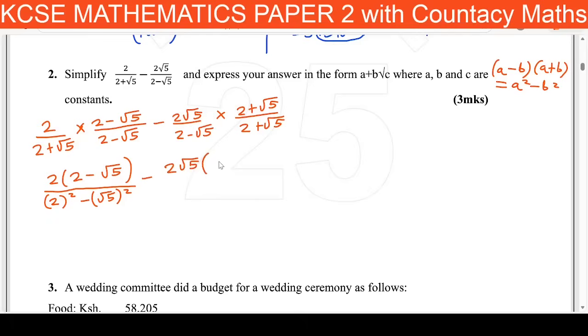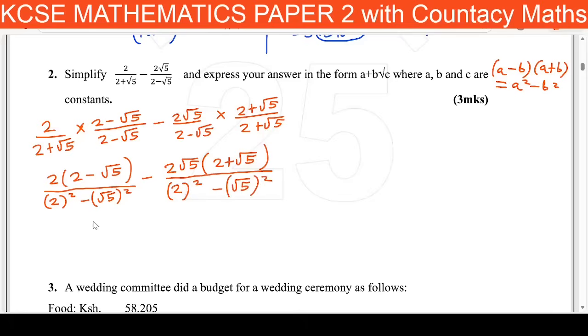And then we have in brackets 2 plus root 5. Again, just as we applied this formula here, we will also apply it here, such that we have 2 squared minus root 5 squared.